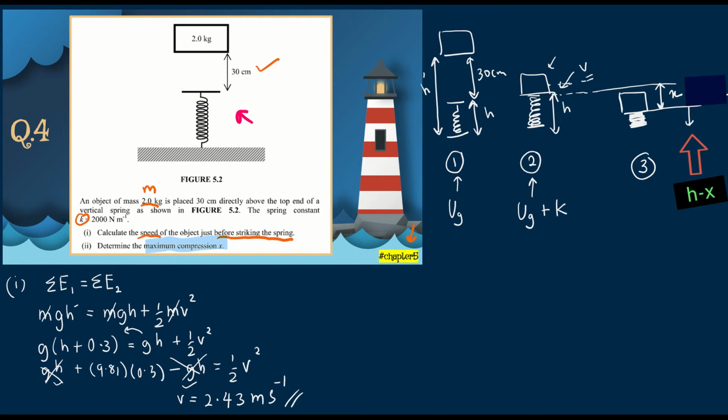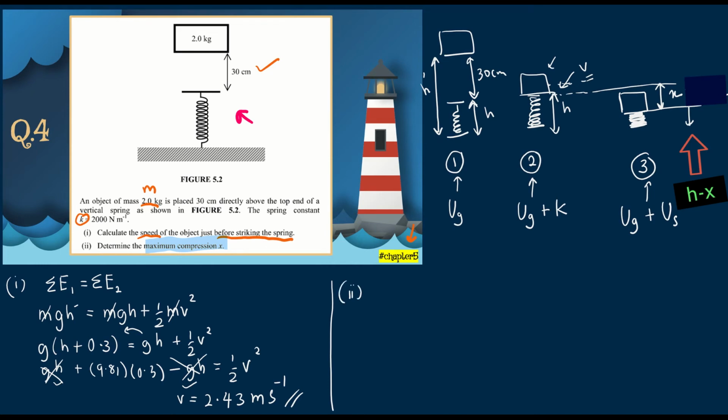You have to understand that concept. So for number 3, we have the energy UG and also US, elastic potential energy, and we no longer have kinetic energy because it stops when it compresses the spring.